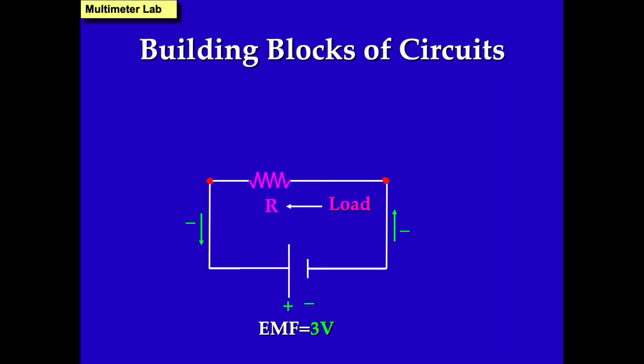Another term for the resistor is a load because it's actually sucking up the energy in your circuit. So we'll call that the load. It could be a light bulb. I can replace that with a light bulb, which doesn't obey Ohm's law. But we can still talk about light bulbs in a circuit. In fact, your multimeter quiz involves light bulbs in a circuit anyway.